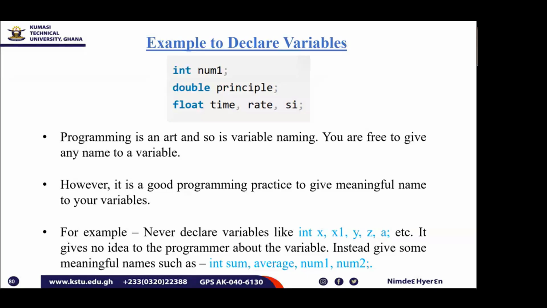Unless you are dealing with variables that would pick values, never declare variables like int x, x1, y, z, a. Instead, use meaningful variable names such as int sum, average, num1, num2. This makes your code readable. So kindly take note of that.